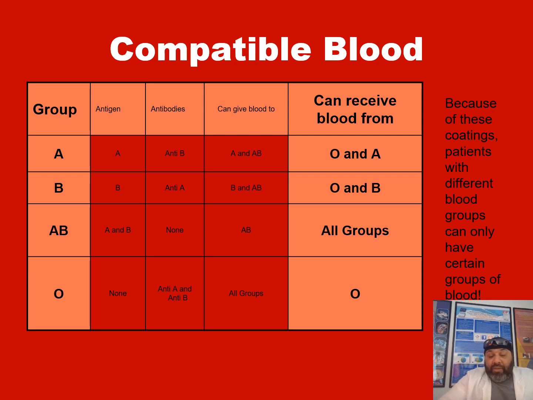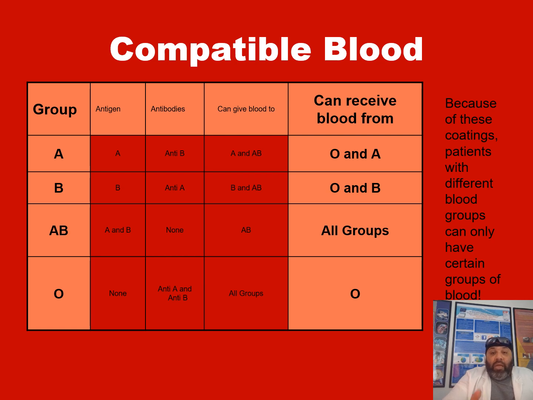So I'm going to work a little bit backwards on this slide. I've talked about the blood groups and, if blood is needed, which blood donations can be donated to those particular blood groups.